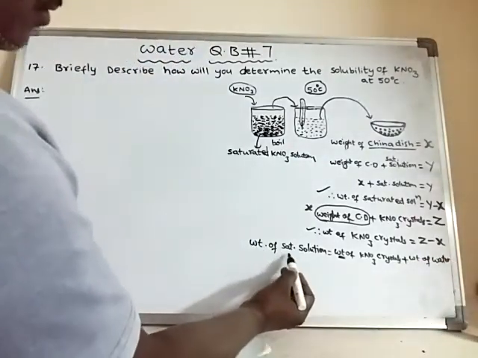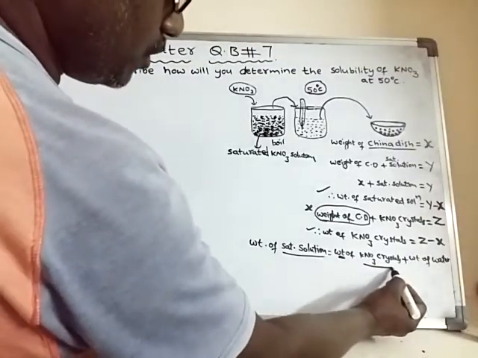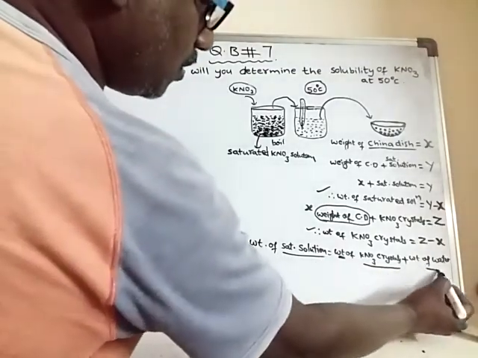That means the weight of saturated solution is the weight of potassium nitrate crystals plus the weight of water.